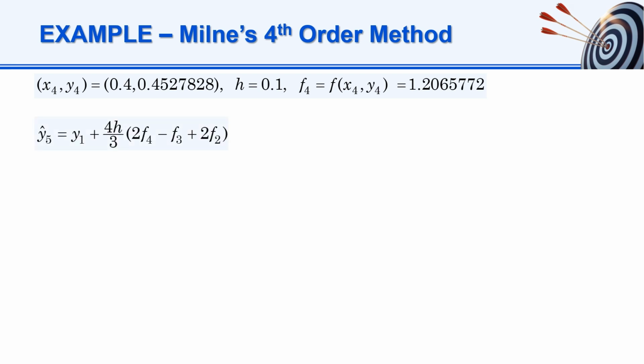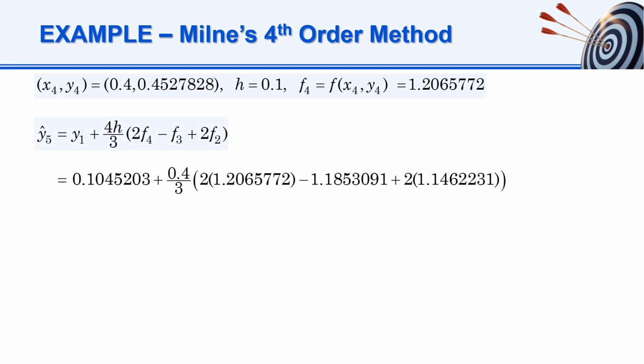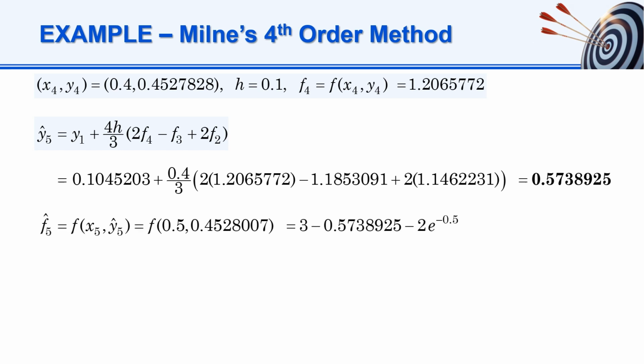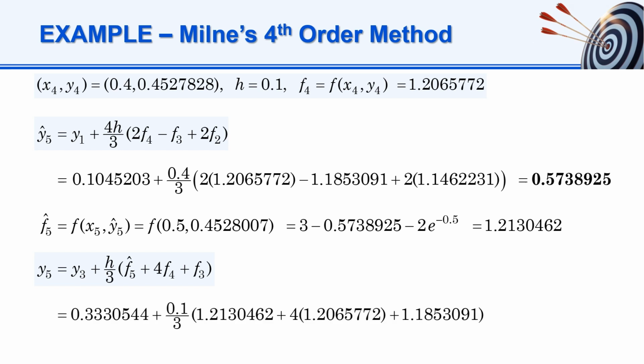Then the predicted value y hat 5 is obtained as 0.573893. The F hat 5 value is obtained as 1.2130462. And the corrected value y5 is obtained as 0.573877.